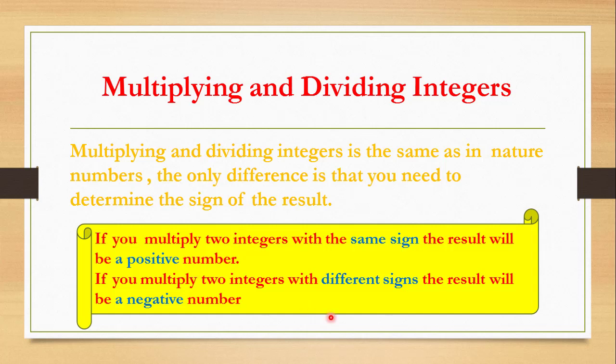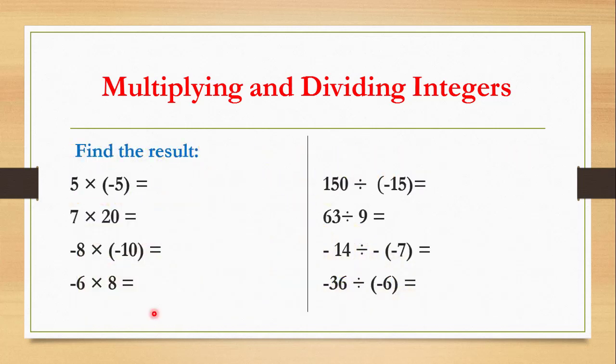If the two integers have different signs, one is positive and the other one is negative, the result will be a negative number. Let's take an example.